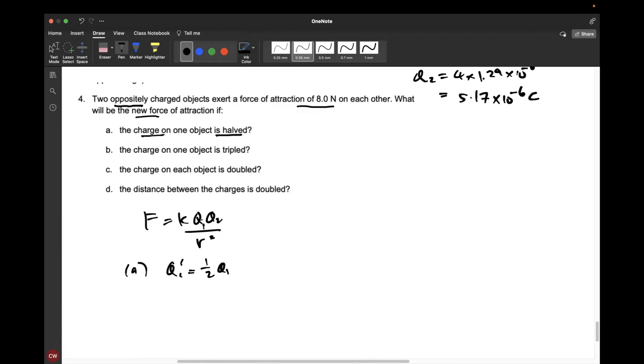So if only one of them is half, then the force should also be half. It means the new force is half of the original force. So half of the 8 is 4.